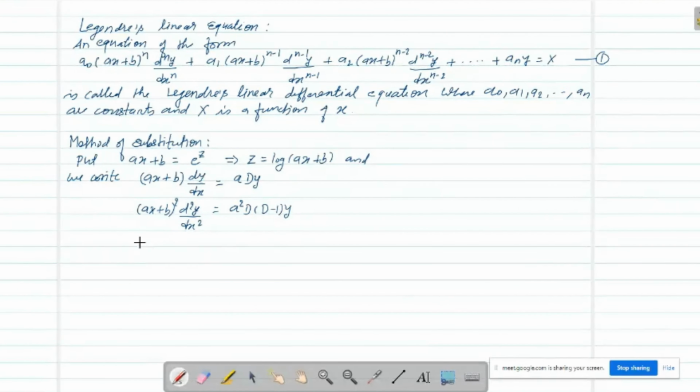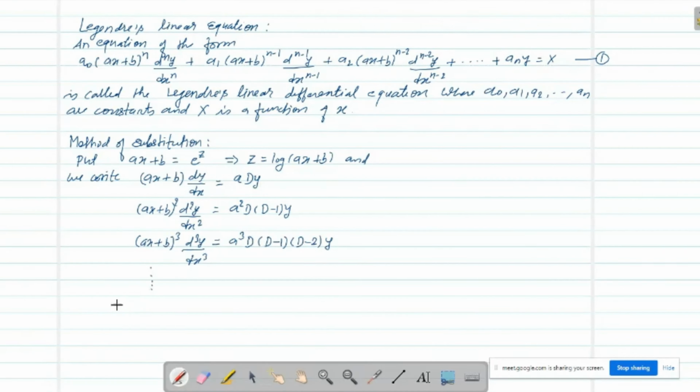For the third term, (ax plus b) cube d cube y by dx cube equal to a cube D(D minus 1)(D minus 2) y. Okay, and so on and so on.